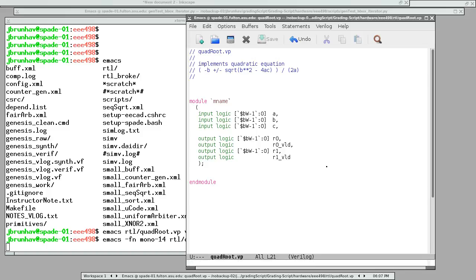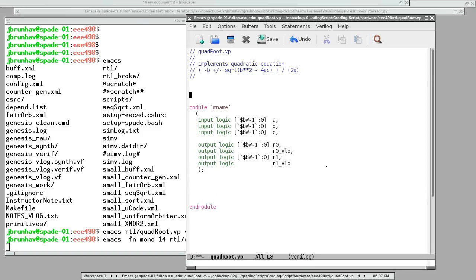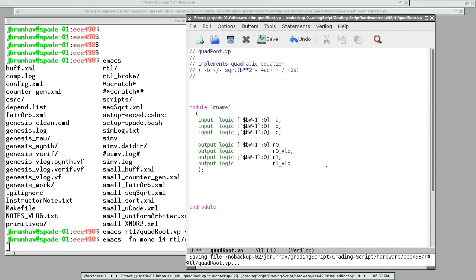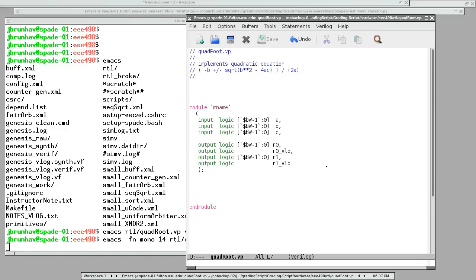Great. And then we used a parameter that we haven't really defined yet. Move all these over so that the columns line up. So my $BW equals parameter bit width.